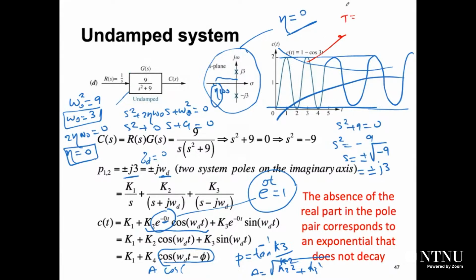Here omega n equals 3, so the period will be 1 divided by 3, about 0.3. We should have one complete cycle each period, 1 divided by omega n. Here omega n equals 3.